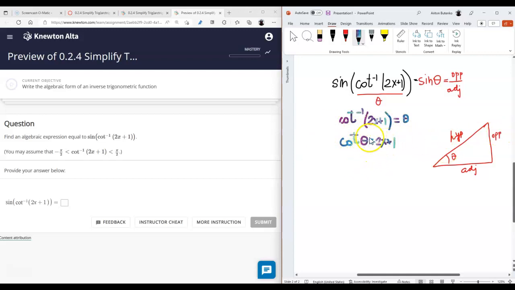Now, cotangent, on the other hand, is what? Cotangent is adjacent over the opposite.